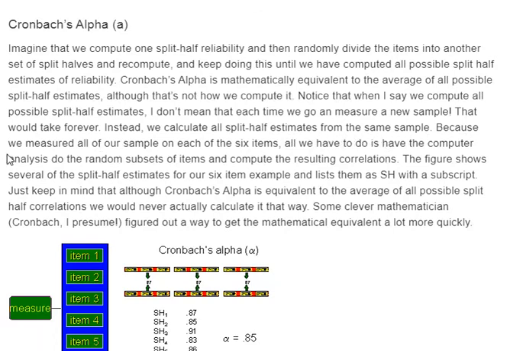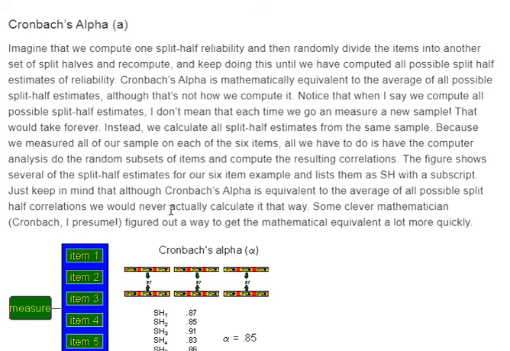We measure all of our sample on each of the 6 items, and all we have to do is have the computer analysis do the random subsets of items and compute the resulting correlations. The figure shows several of the split half estimates for our 6 item sample, listed with subscripts.